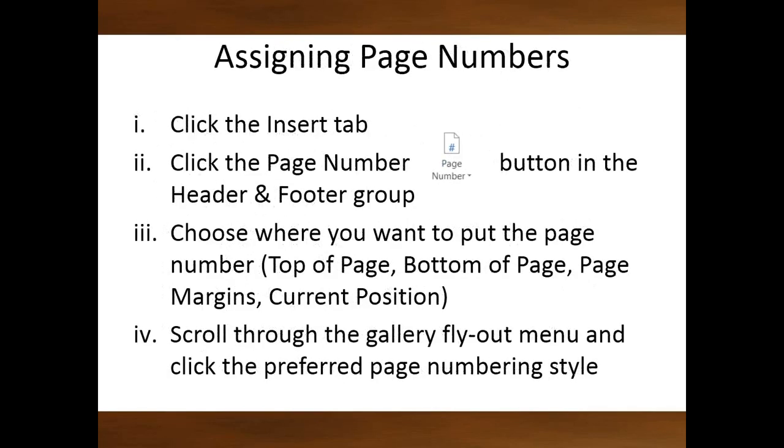How do we assign page numbers in our document? The steps are given as follows. 1. Click the Insert tab. 2. Click the Page Number button in the Header and Footer group. 3.